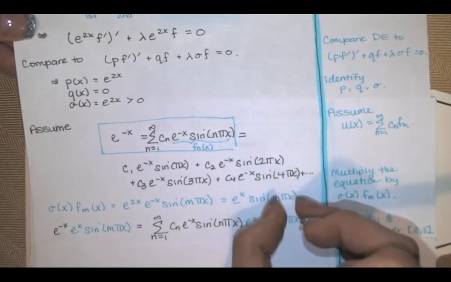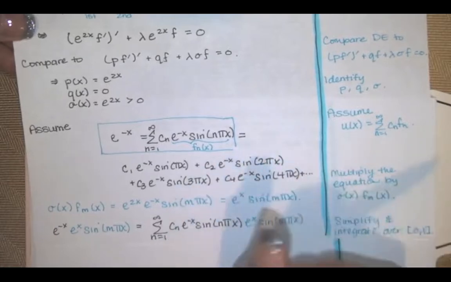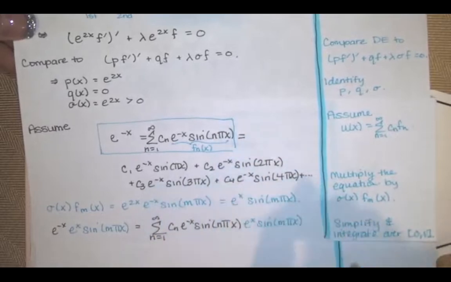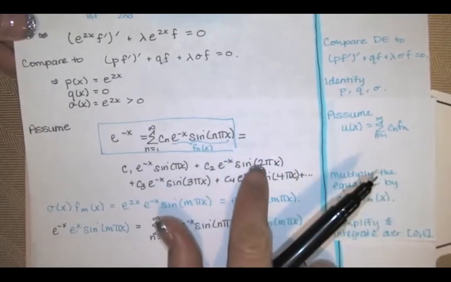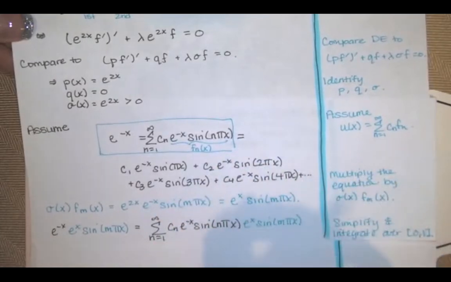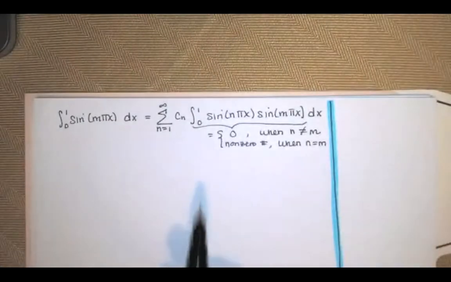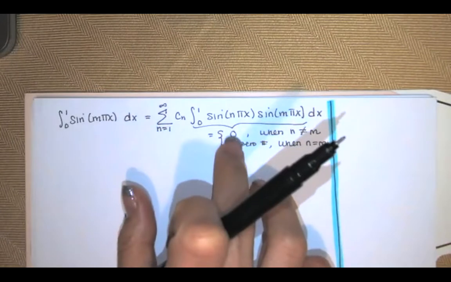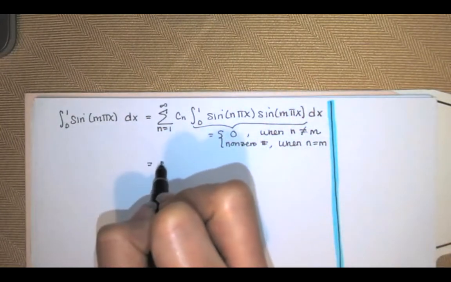Well, as m goes from 1 to infinity, we'll have sine of 2 pi x times sine of pi x, and sine of 2 pi x times sine of 2 pi x, and sine of 2 pi x times sine of 3 pi x, and so on. Whenever the m is not equal to 2, we're going to get 0. But when m is equal to 2, we're going to get something that's non-zero there. So all of these terms, because almost all of them are being multiplied by 0, are going to cancel, except for this c sub m term.